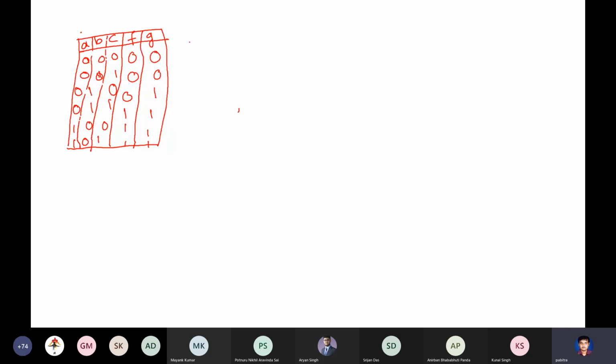Okay, so let me write some definition. G covers f if all the rows in which f is true, G is also true.